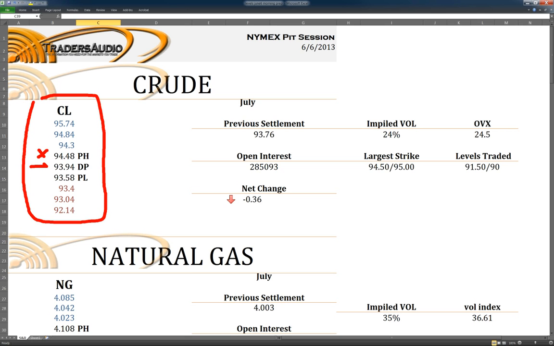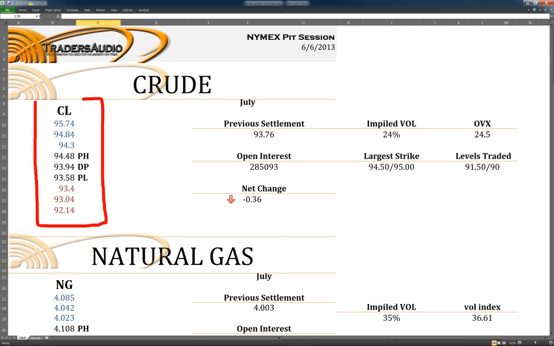Resistance above, what I got for you here is 94.30, 94.84, and 95.74. Some support down below, I got 93.40, 93.04, and 92.14. So again, very near-term levels of support and resistance.